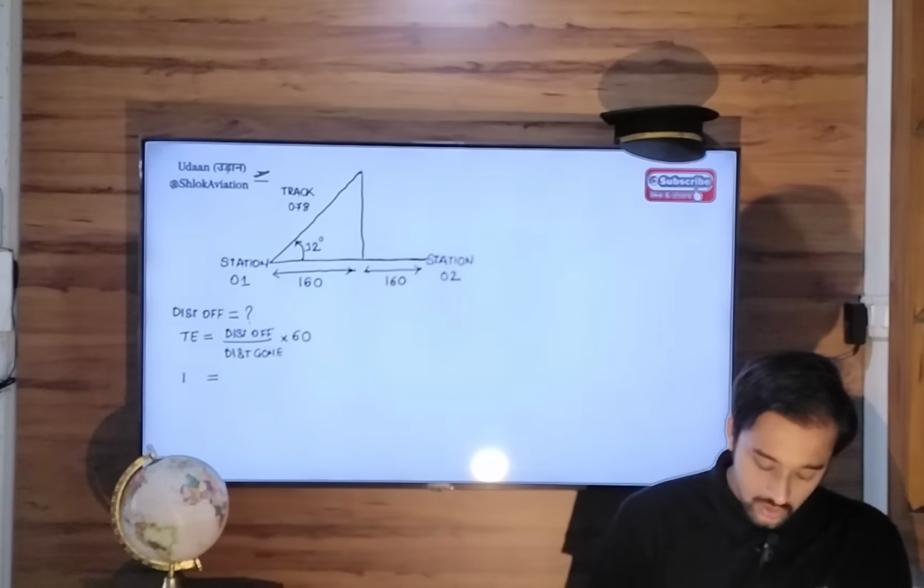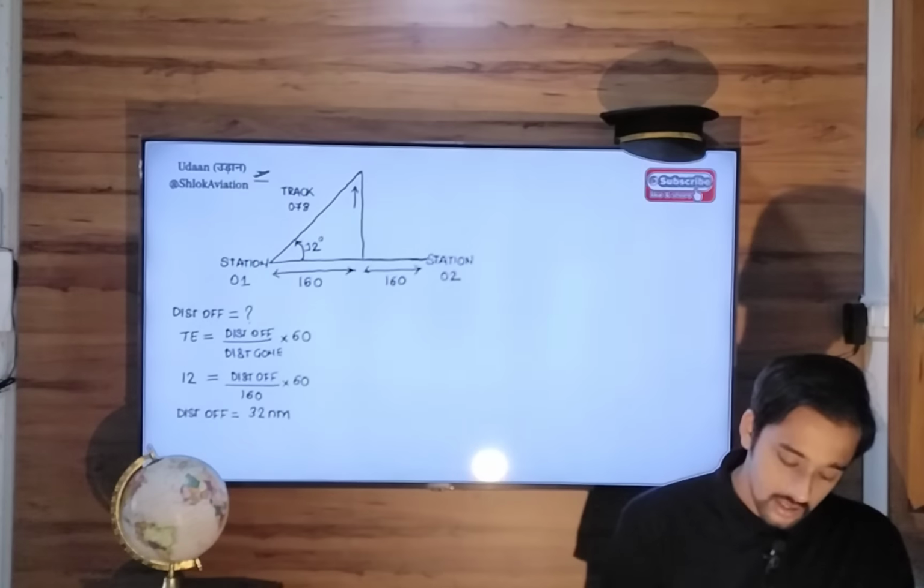So track error is 12. Distance of track we do not know. Distance gone is another 160 into 60. Cross multiply will give you distance of track to be equal to 32 nautical miles.